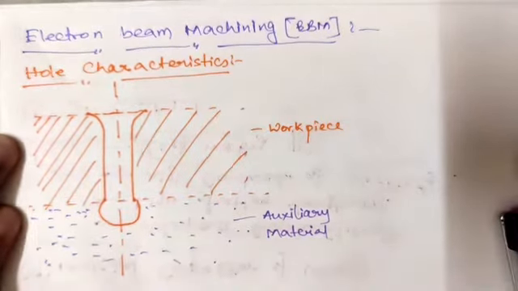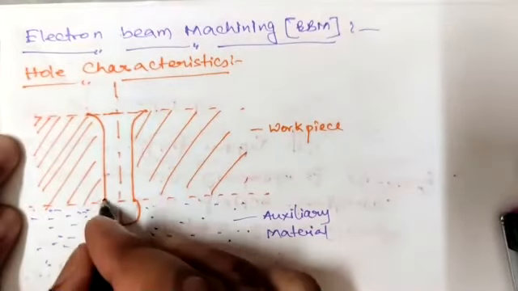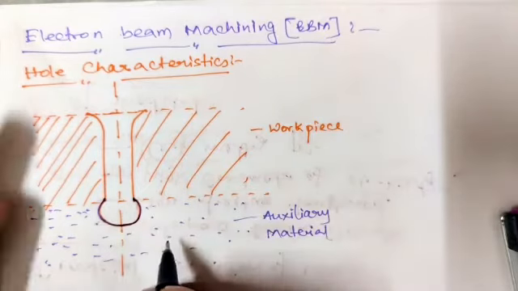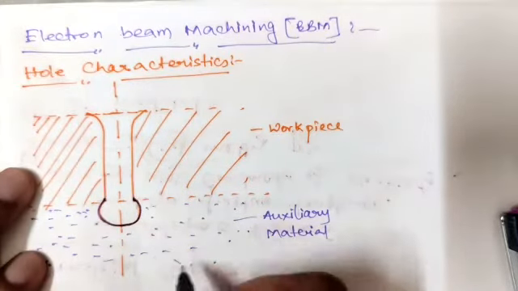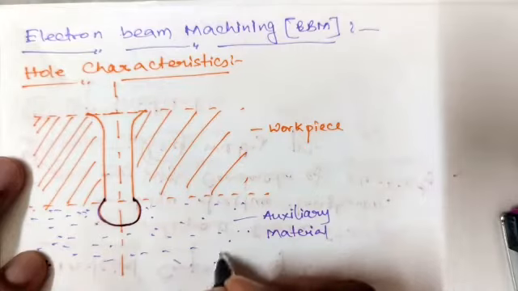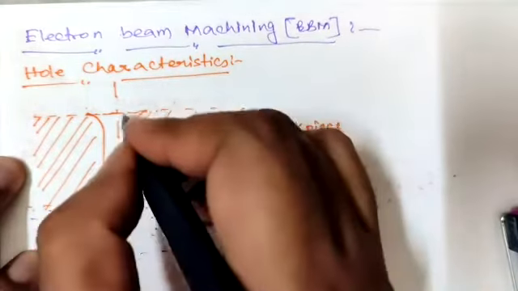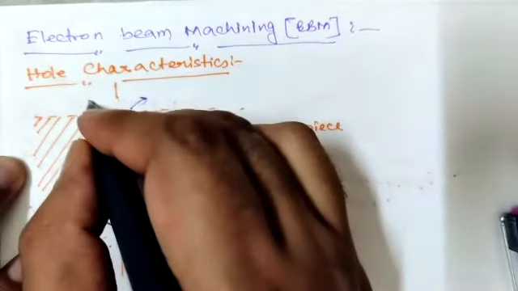I already told you that the diffusion will be more, or melting and vaporization will be more, and this auxiliary material will get melted, and then somehow this molten material has to come out in this path.